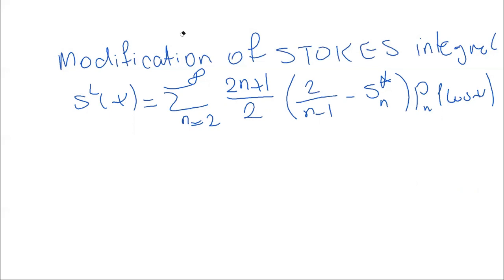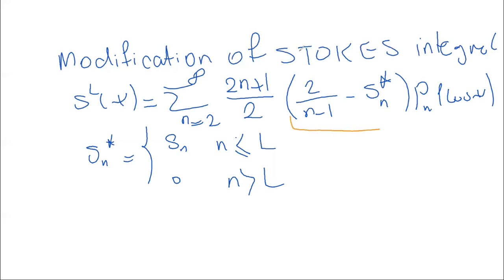Actually, I write this S_n star like that: S_n star will be S_n when n is smaller than or equal to L, and 0 when n is larger than L. So I have now the modified kernel in a spectral form.